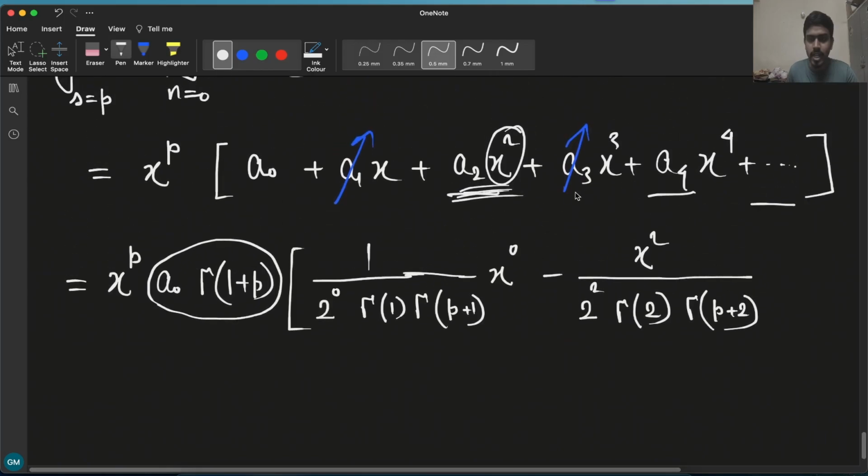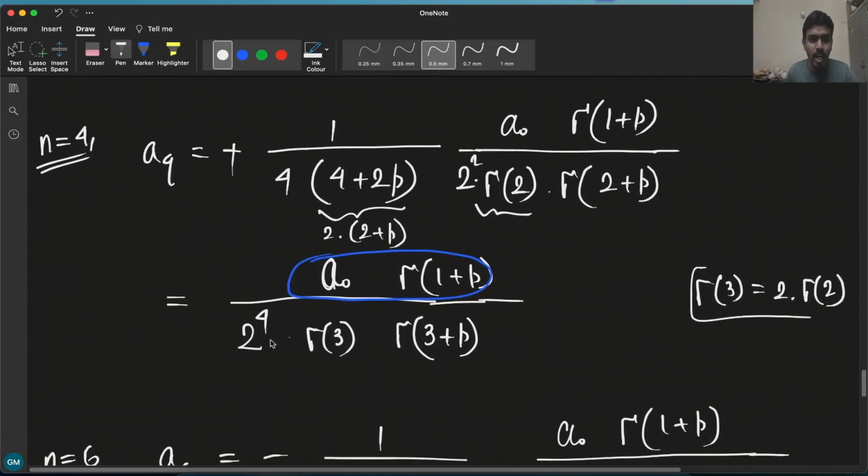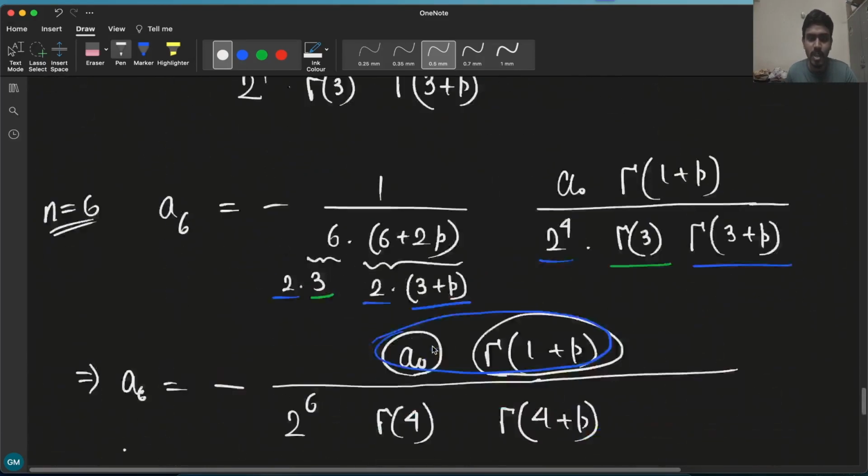Now this a3 is 0, so for this a4 it will be 1 by 2 to the power 4 gamma 3 gamma of 3 plus p.